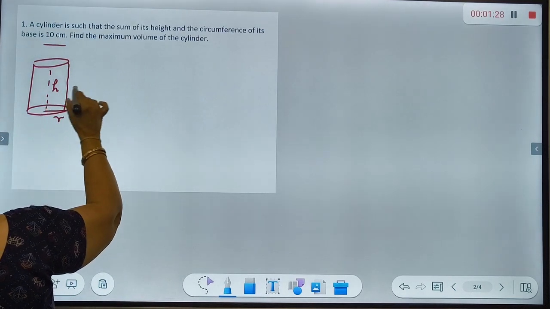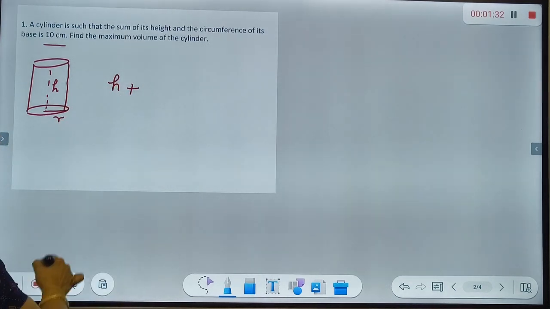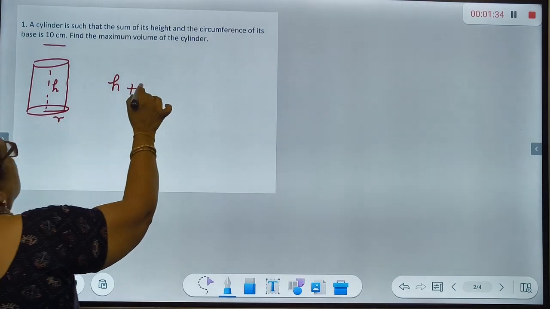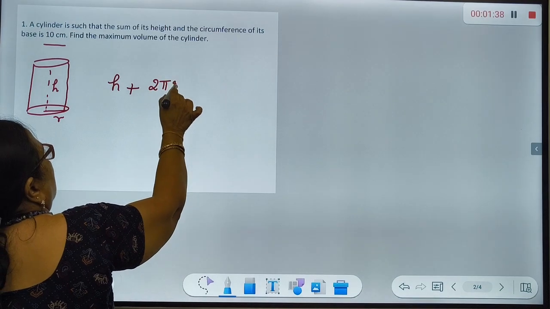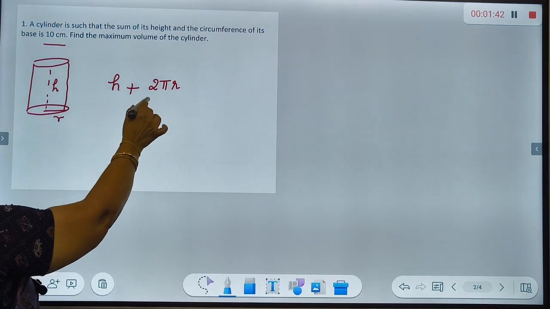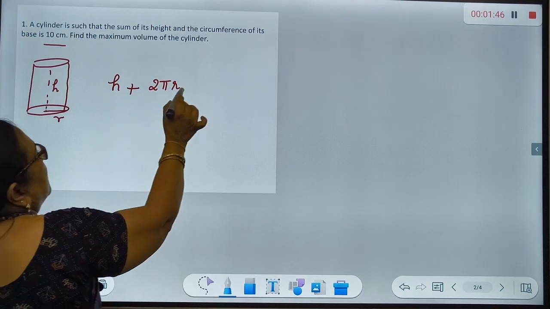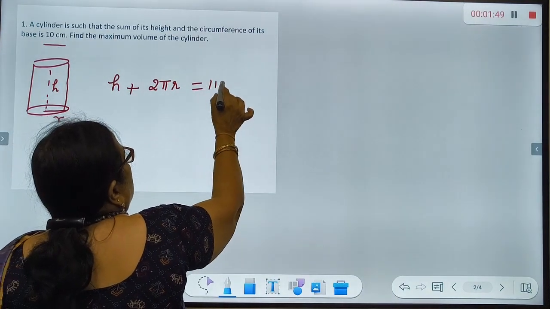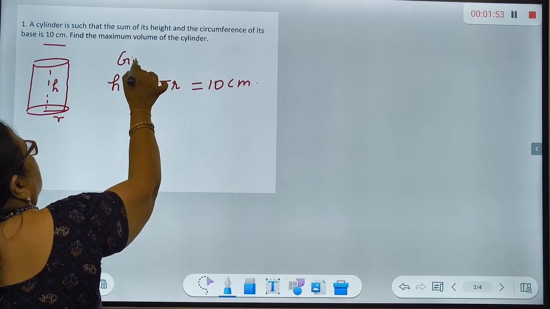The sum of its height, which is H, plus the circumference of its base, which is 2 pi r. As you know, in a cylinder, the base is a circle. So what is its circumference? 2 pi r. What is the height of the cylinder? H. This is given to be 10 centimeter.